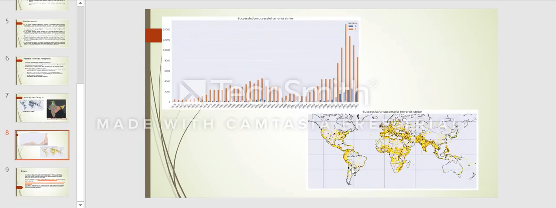We would also be visualizing the successful and unsuccessful terrorist strike rate, comparing and mapping it on the ArcGIS tool on the world map, so we can analyze it and derive insights from it.